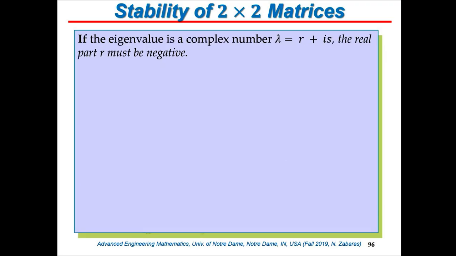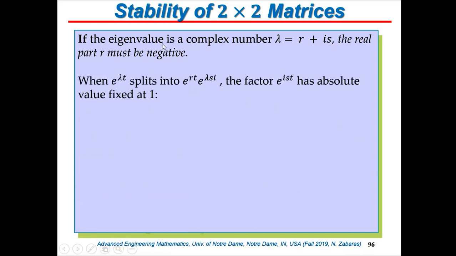Okay, so here I see the case with a complex lambda that involves a real part R and an imaginary part S. In that case, you can split the e to the lambda t as e to the Rt, involving only the real part, and then e to the i S t. This second exponential involves a cosine and a sine of St, so it's an oscillatory term.